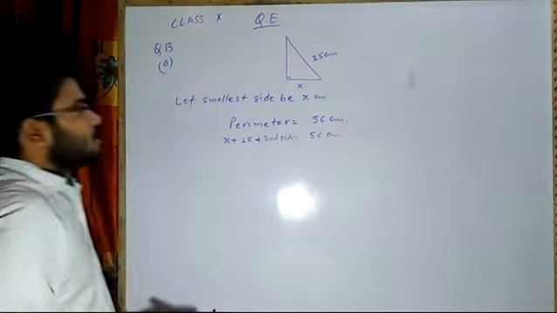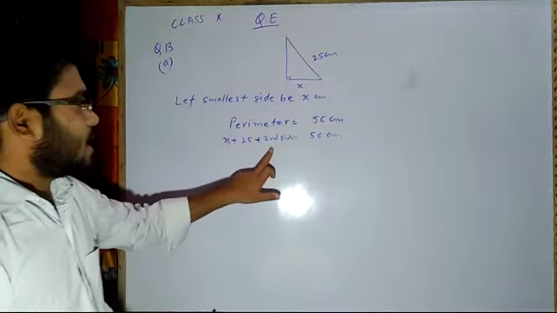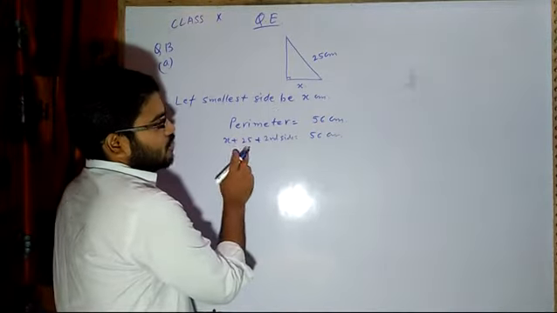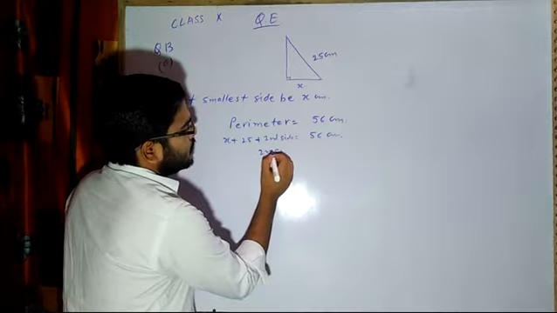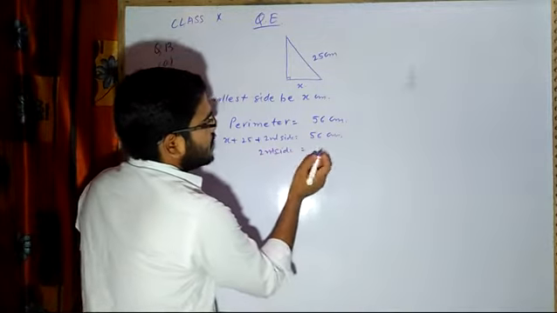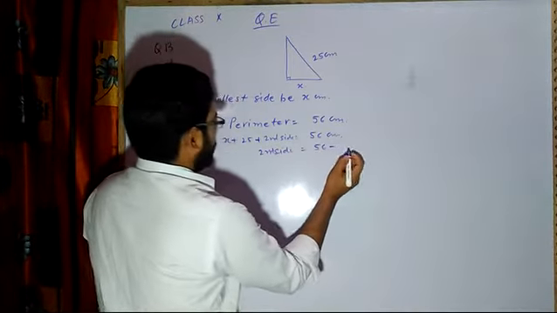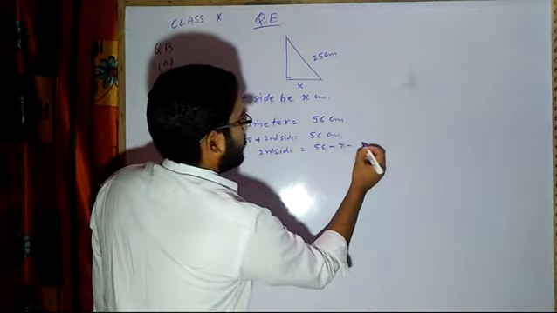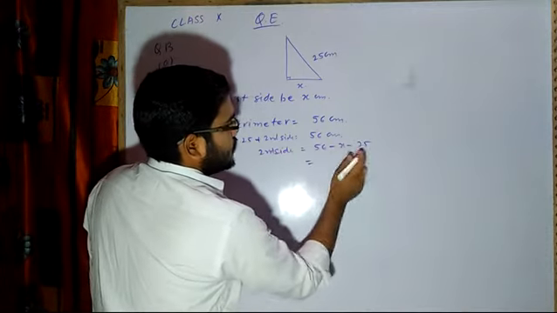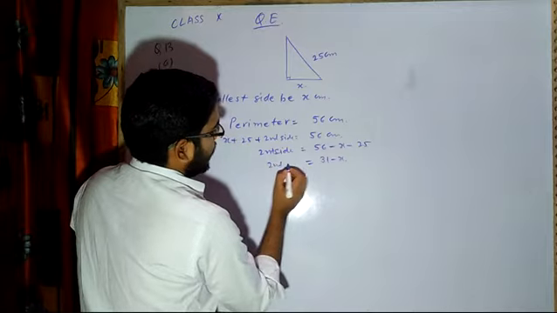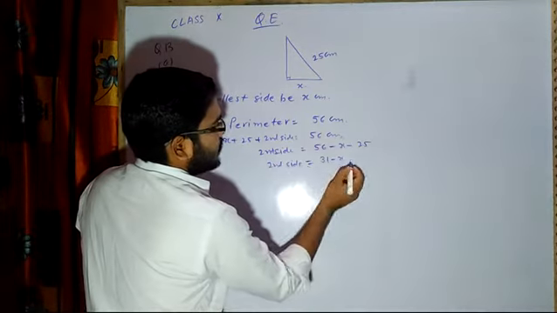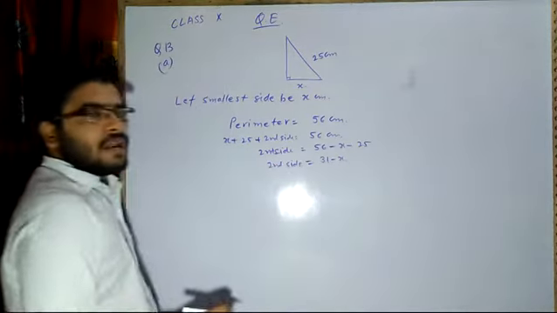So I will write second side is equal to 56 minus x minus 25. When you subtract, you will get 31 minus x. So we have second side is equal to 31 minus x.